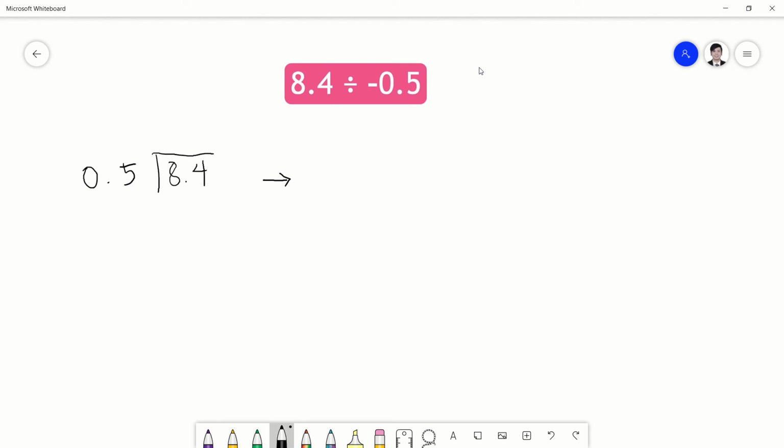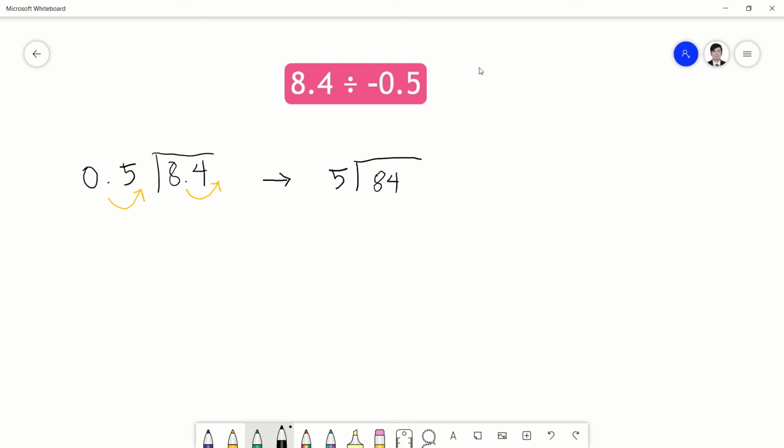So we move the decimal point once to the right, and that becomes 5. To make sure the given turns out to be an equivalent fraction, we also move the decimal point in our dividend once to the right. So that becomes 84. Having 84 divided by 5 is just the same as 8.4 divided by 0.5.